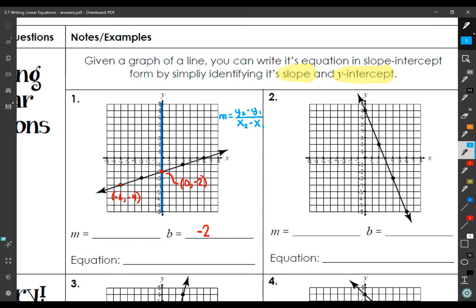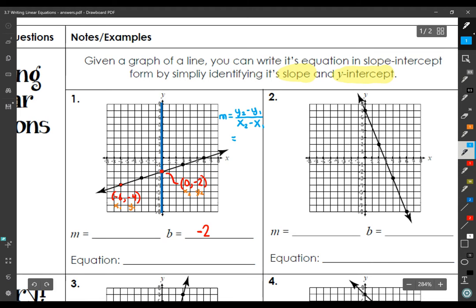Okay, so what I'm going to do is call this one point 1 because it's more to the left. So this is going to be x1, y1, and this is going to be x2, y2. I'm simply going to put those numbers into my equation for slope and calculate.